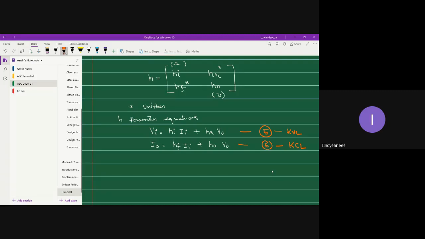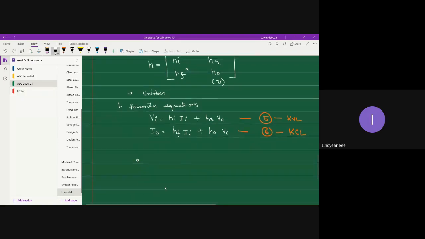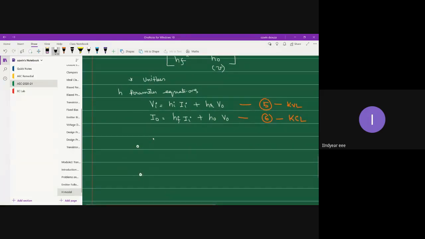Now what you have to do is construct an equivalent circuit by making use of these two equations. Let's see how exactly we do it. Vi is the source, right? So we will take Vi on the left hand side, with plus minus. Vi is the cause basically, and these two are the sum of effects.